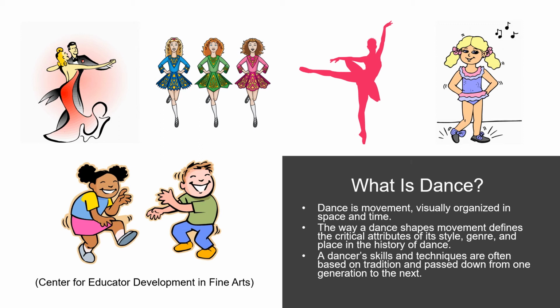Another aspect of dance is that a dancer's skills and techniques are often based in a particular time period and a particular culture, and maybe based on a tradition, and it's passed down from one generation to the next. And here you can see various types of dance, different genres, from freestyle dance to ballet, Irish step dancing, ballroom dancing, and even tap dancing.